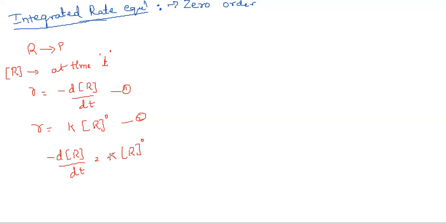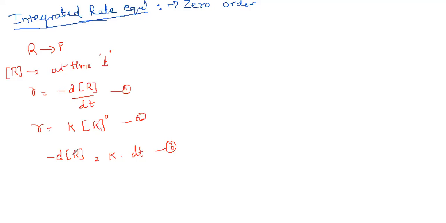[R] to the power of 0 becomes 1, so I simply change it into k. Next, this dt goes there, then it will become minus d[R] is equal to k into dt. So this is what we will get. We can take this as equation 3.